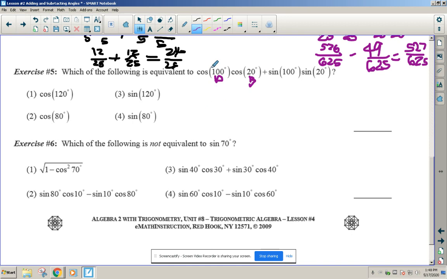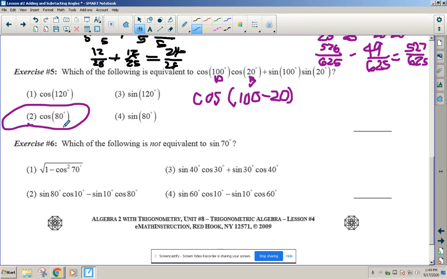And so this is going to go with the cosine of 100 minus 20, because the cosine had the opposite, like it said plus here, but in the beginning part it would have been minus. So this guy here would have been cosine of 80.